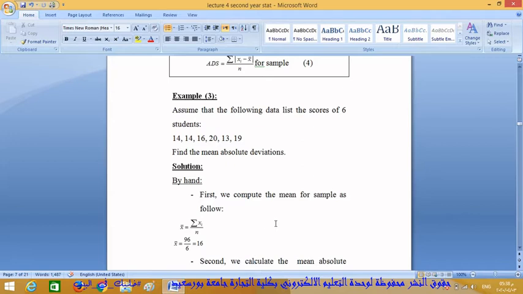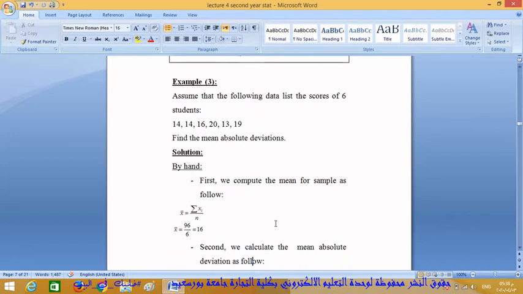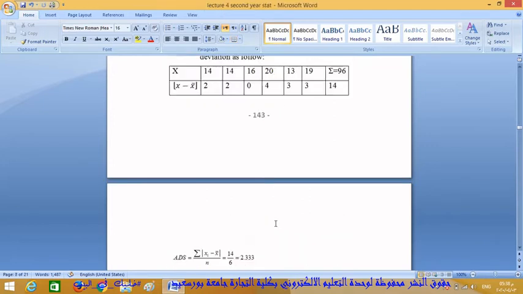Second, we calculate the mean absolute deviation as follows. This is x, and we computed x bar as 16, then the absolute value of x minus x bar: 14 minus 16 gives 2, 14 minus 16 gives 2, 16 minus 16 gives 0, 20 minus 16 gives 4, 13 minus 16 gives 3, and so on.